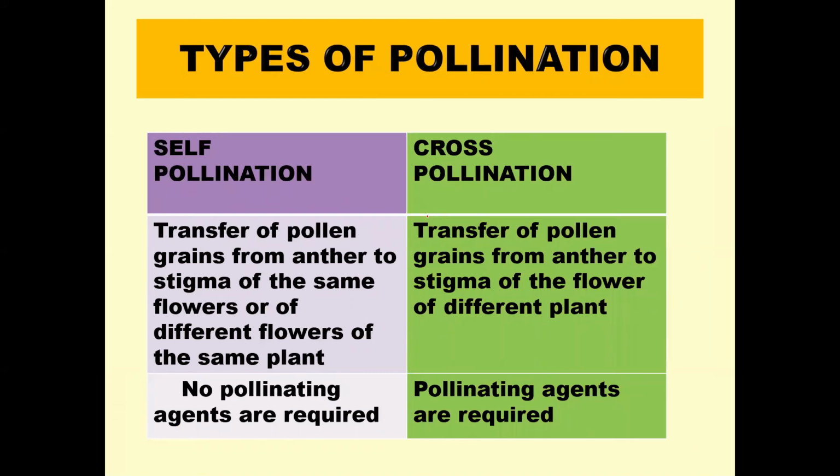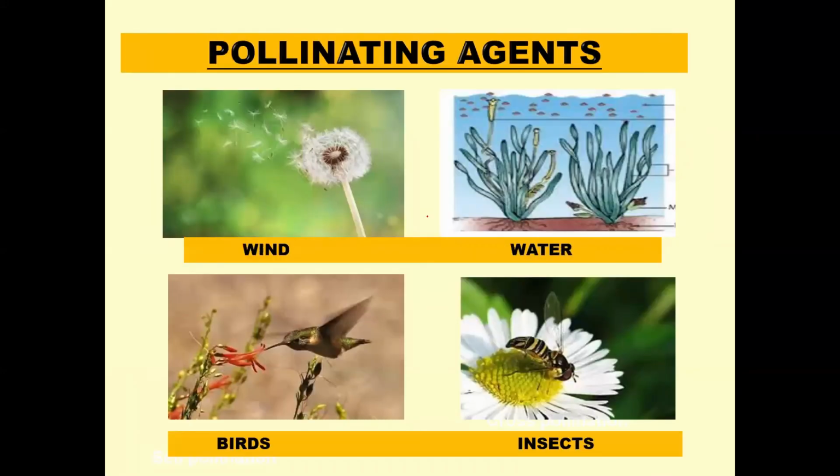So these are the two differences between self-pollination and cross-pollination. The common pollinating agent is wind. With the help of wind, pollen grains are transferred. In such cases, pollen grains are very light so that they can be easily carried by the wind. This kind of pollination is found in all cereal crops.